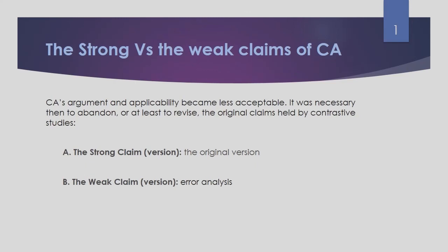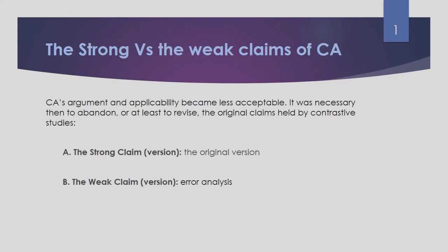The weak claim is an a posteriori version. We need to explain the difference between an a priori version and an a posteriori version. The first one treats errors before they occur, while the second one treats them after they occur. In the weak version of contrastive analysis, it is believed that comparison of languages could help to explain learner errors.